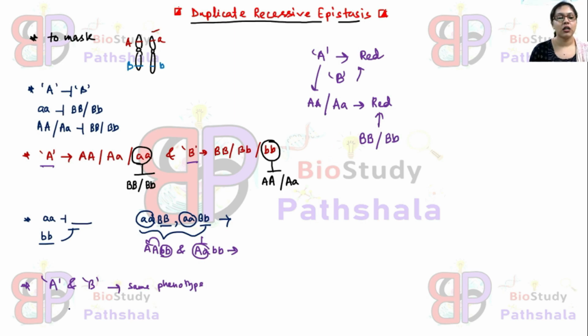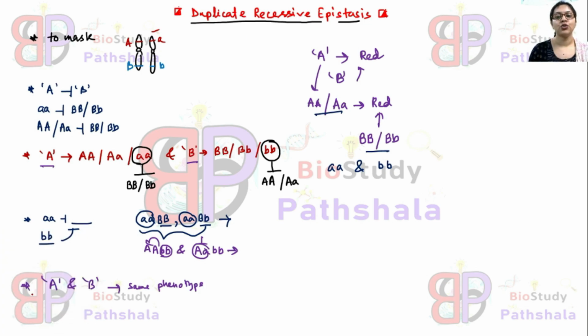But the homozygous recessive form of A gene, that is small a small a, and the homozygous recessive form of B gene will show same type of epistatic event. That means these two genotypes will mask the effect of these other genes to give rise a particular phenotype. So this is all about the hypothetical example.